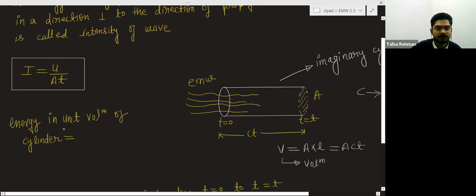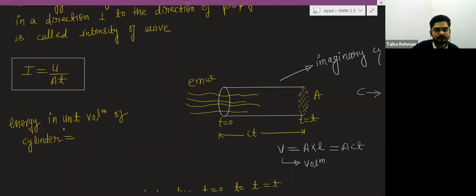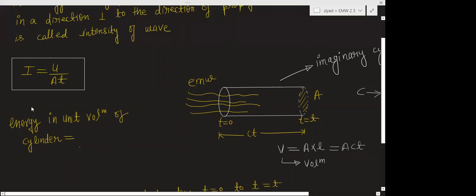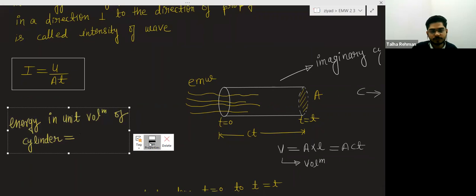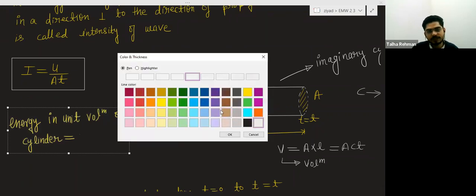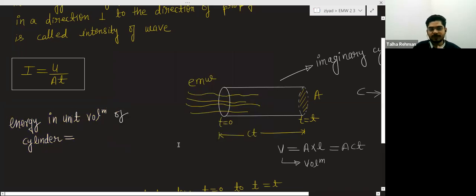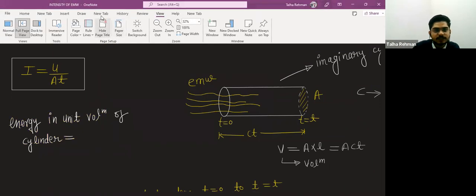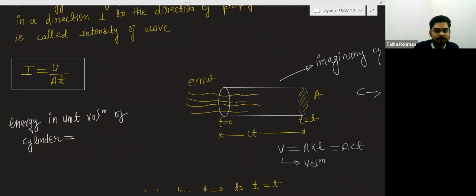So don't get confused. All things are related to each other, but you have to just apply your mind. Energy density in a unit volume of cylinder is equal to the energy density of electromagnetic wave.